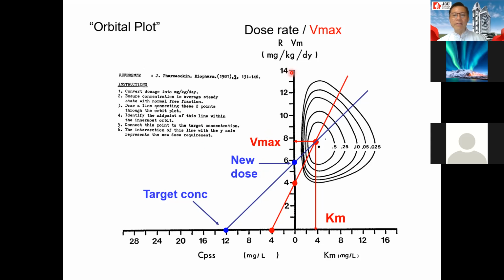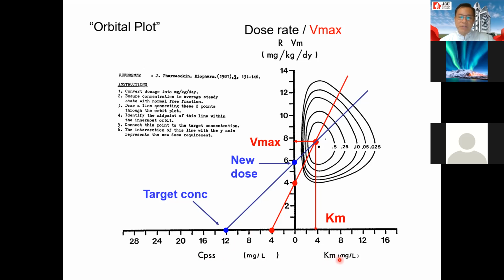Now here in this y-axis is the dose rate, milligram per kg per day. Let's say we have the dose of this. The red one is before. So you have the dose here, 4 milligram per kg per day. After you calculate, then you put here 4.